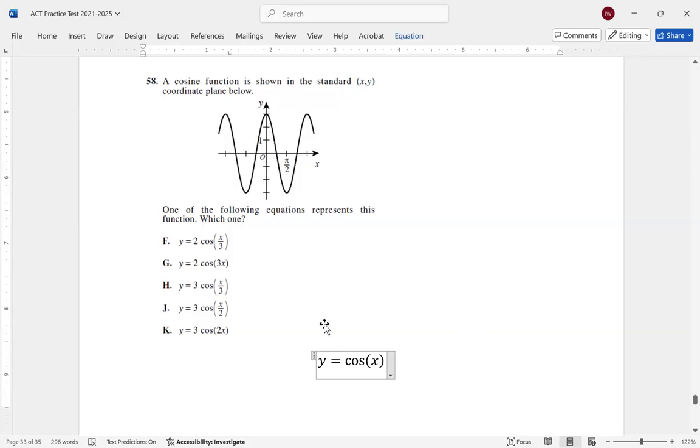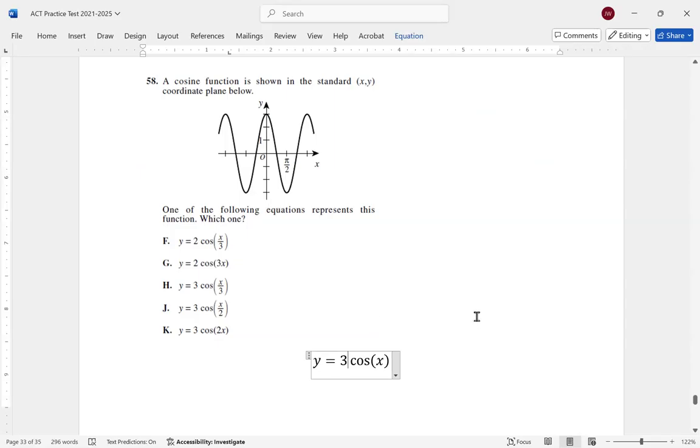Normally, y equals cosine of x would go up to +1 and down to -1. Since we're going up to 3 and down to -3, I need to multiply this by 3. So I need to vertically stretch by a factor of 3.